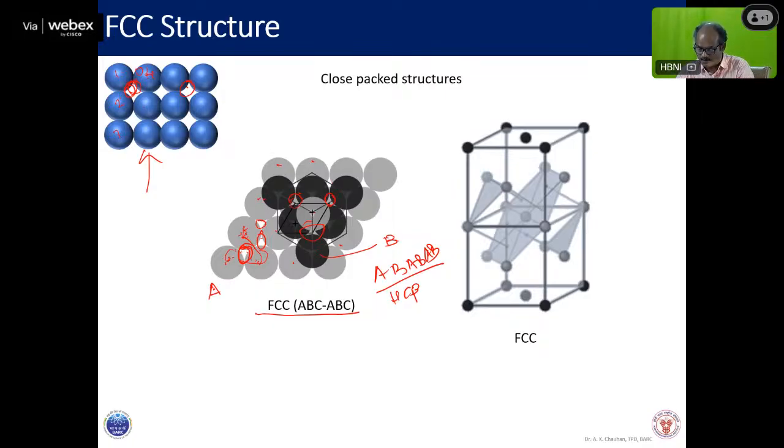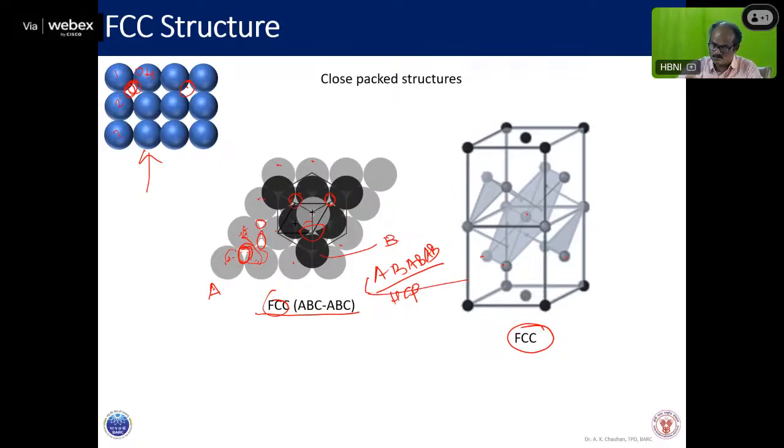Suppose I am saying this is an FCC, and I am saying this is also FCC, but these two structures are looking quite different. Here are corners, and then there are atoms at each of the faces, 1, 2, 3, 4, 5, and then 6. So this is not looking like this.